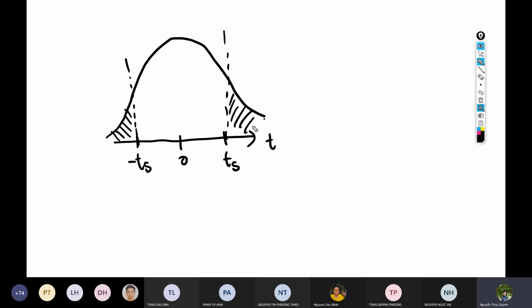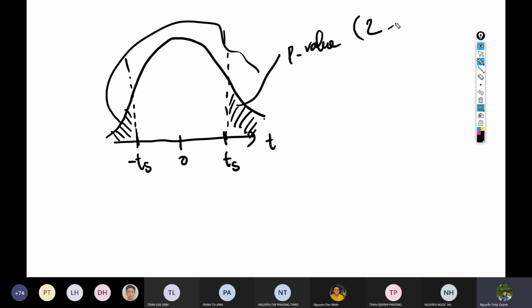This is the p-value of a two-sided test. Now, for a one-sided test, we just need the area to the left or to the right of the observed value of t, which is not changing here because our suspect value is not changed. We have the same suspect value, so the observed value of t is not changing.